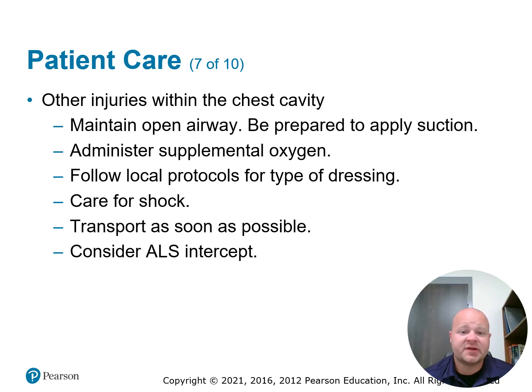There's some other injuries that can happen within the chest cavity. We maintain an open airway, be ready to apply suction, oxygen, follow your protocols for the type of dressing that may need to be used. Care for shock. So at the EMT level, that's hypothermia prevention, so keeping them warm, transport as soon as possible, and consider ALS intercept.